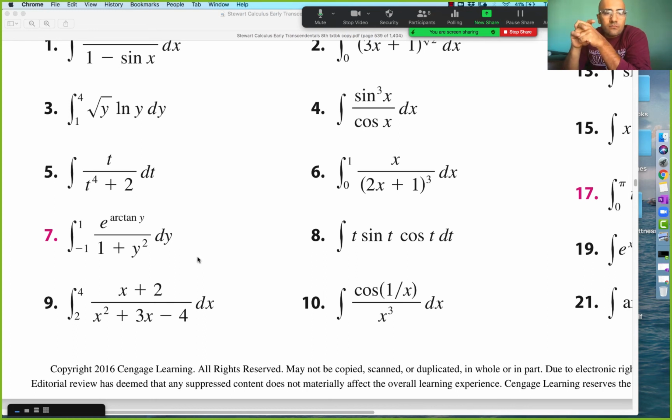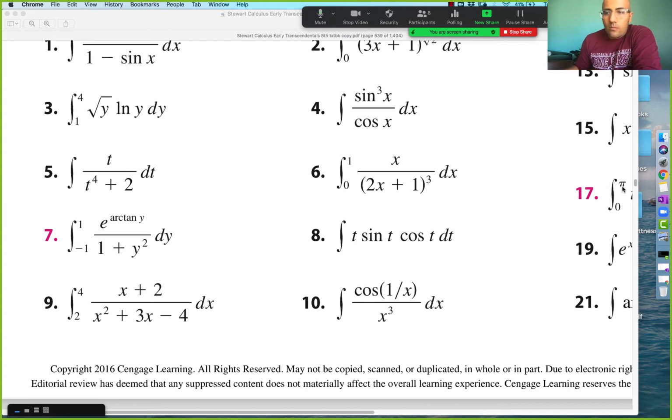Well, you just have to reach back in the memory file and remember what the derivative of tangent inverse is, which is 1 over 1 plus y squared. So it looks intimidating, but it's really not that bad if you happen to remember what that derivative is.